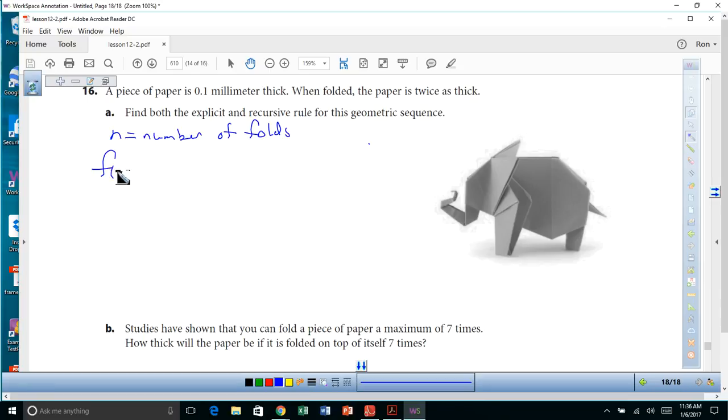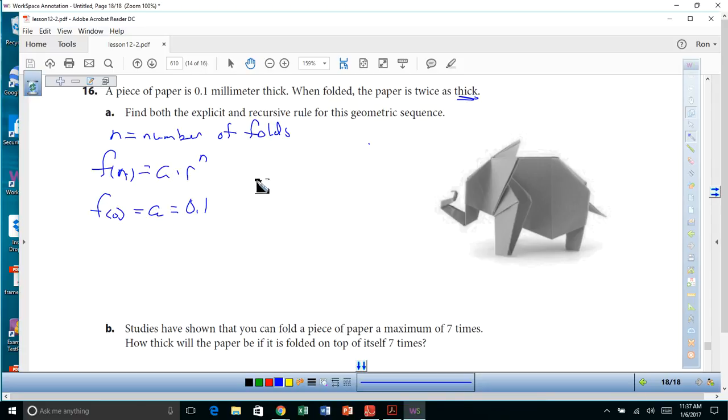So we can use F of n equals a times r to the n power for the explicit rule. F of 0 equals, well, that's going to be your a, which is 0.1, because we're trying to find out how thick it is, right?